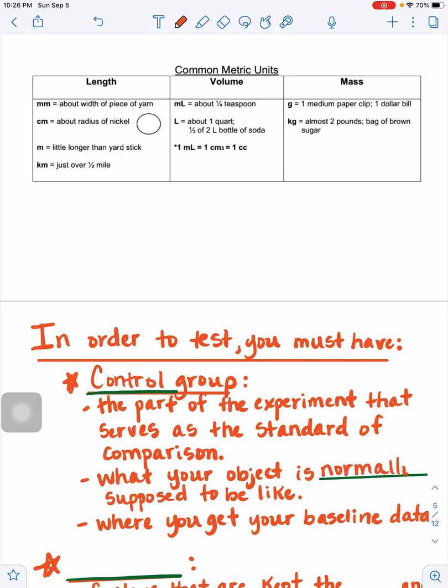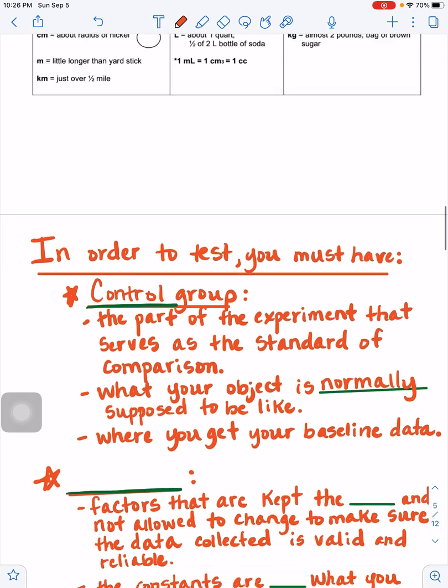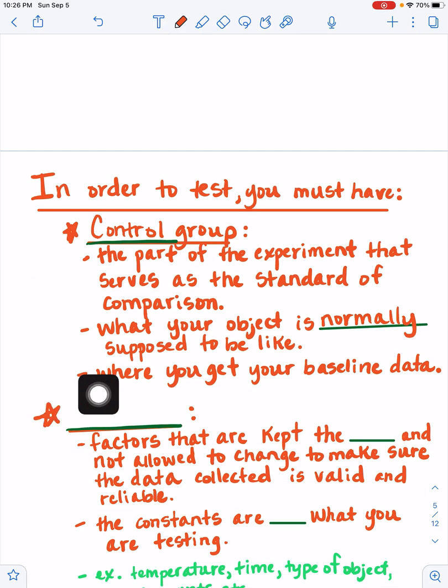Normally. And it's where you get your baseline data. You have to know where you begin before you start changing anything to test. So that is your control group. The normal, nothing happening to it. You didn't change anything. It's what it normally does.